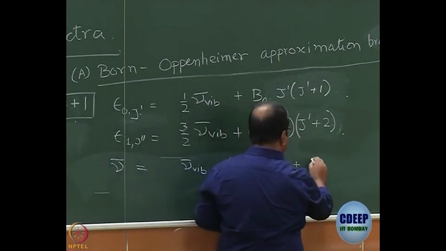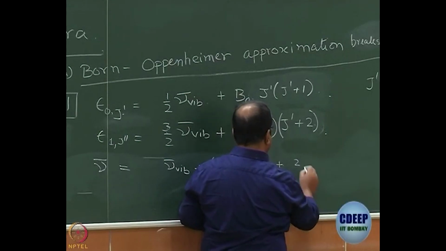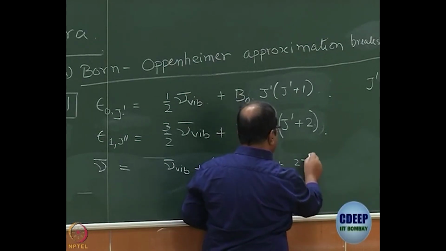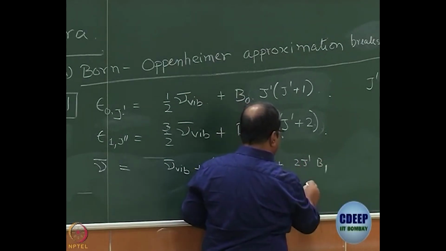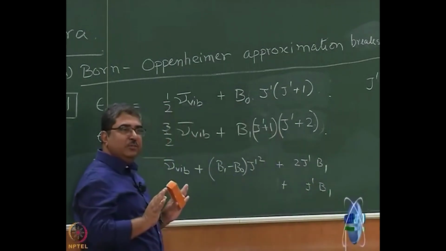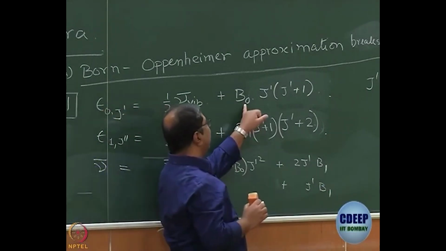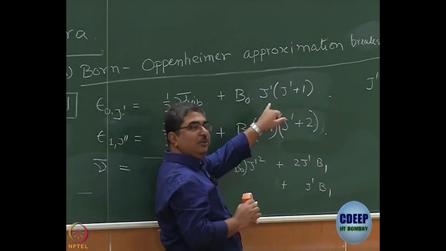I will write it as 2j dash into B1 plus j dash into B1. I hope nobody has an issue with that, okay. Now, what else do I have? I have B0 into j dash.